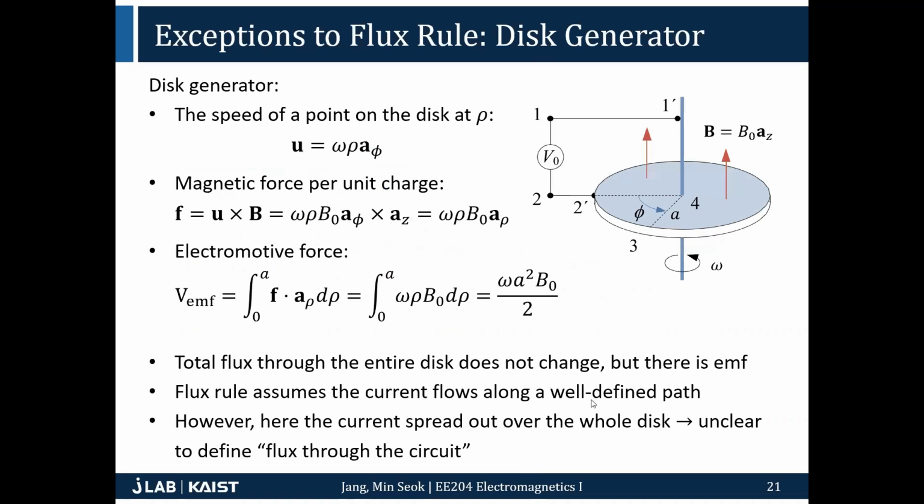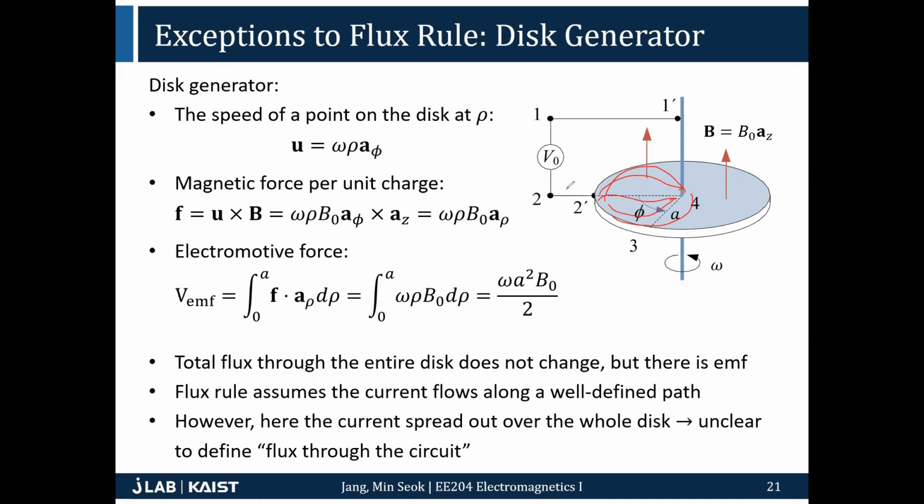Okay, and then we talked about the exceptions to the flux rule. The first exception was the disk generator, as I showed you before. Why this is difficult is because the current can flow anywhere on the disk, so it's difficult to define the circuit area.